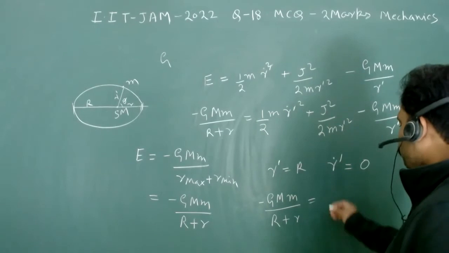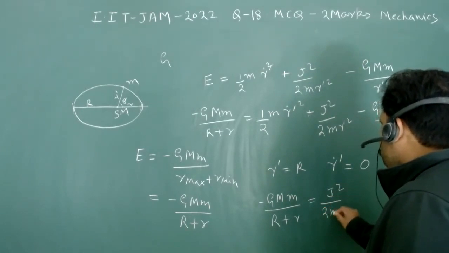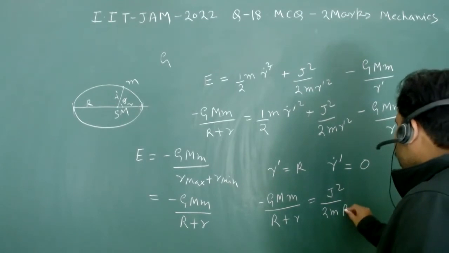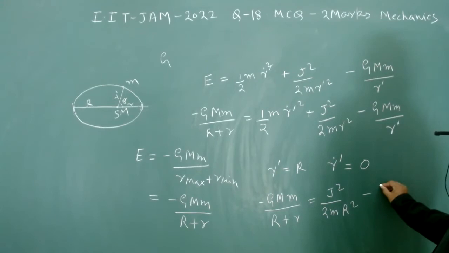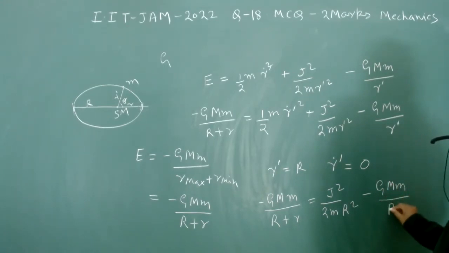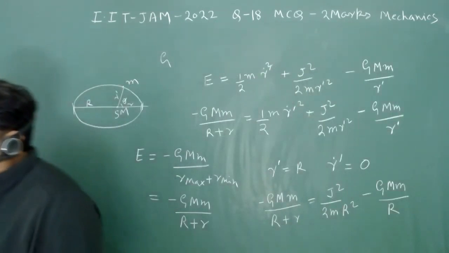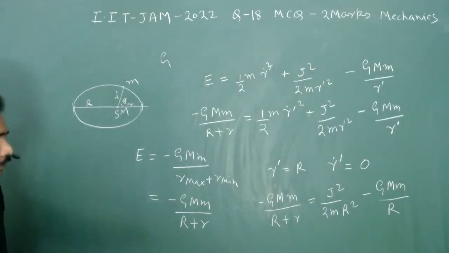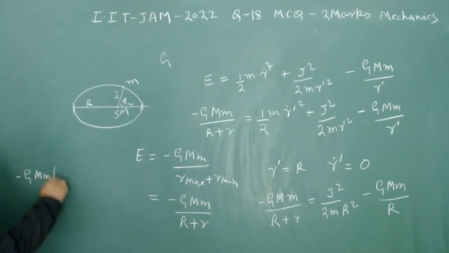And J is my angular momentum. So J square upon 2m R square minus G capital M small m upon R. So from this equation we can solve for the J value. When we solve for J, we can take minus G M m as common.